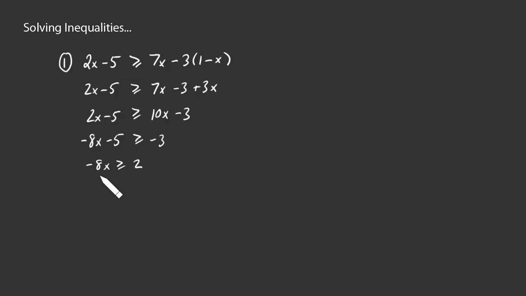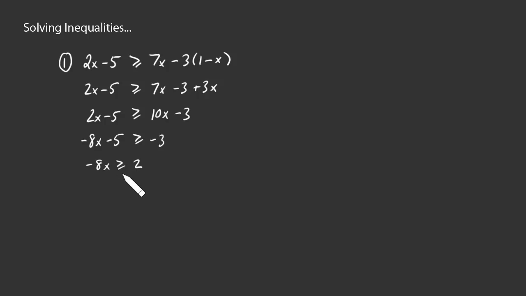And then to get rid of this multiplication by negative 8, I want to divide by negative 8, or equivalently multiply by negative 1/8. However, you have to remember that when we're multiplying both sides of an inequality by the same value, if that value is positive, fine, we can do that. But if it's a negative value, I need to perform the multiplications, but I also need to change the inequality symbol.